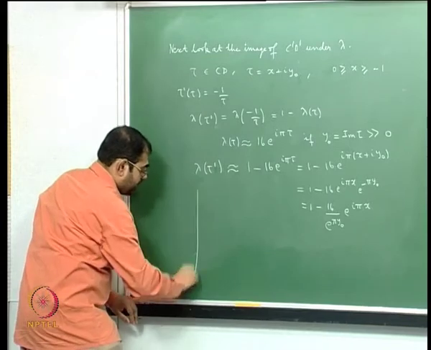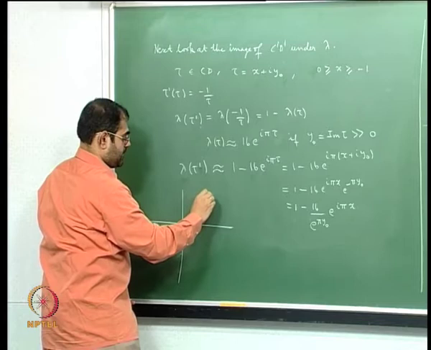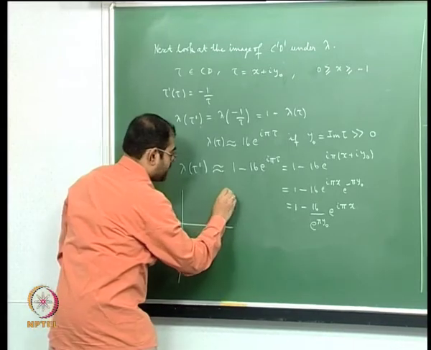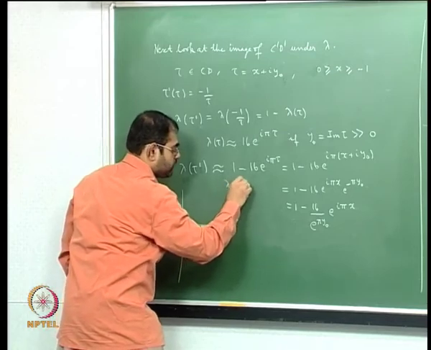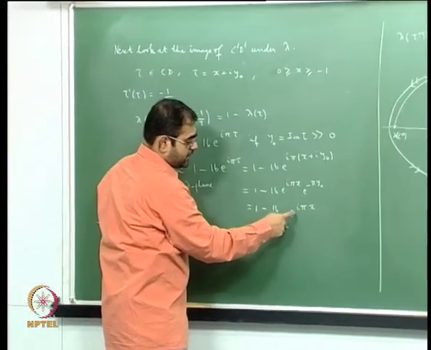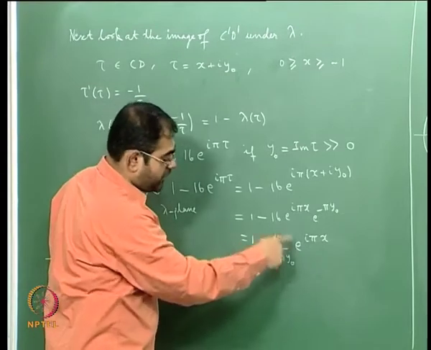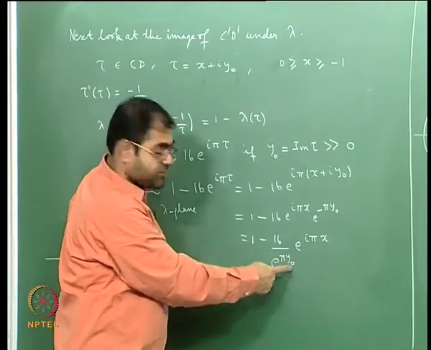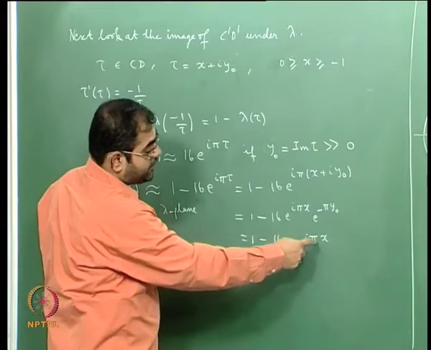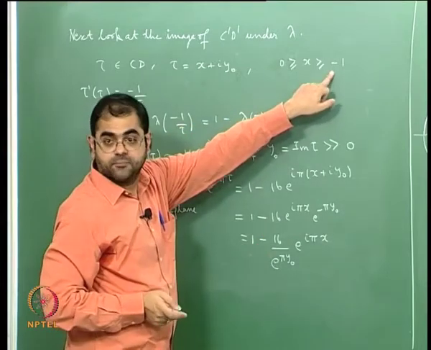If you take the lambda plane, then 16 by e power pi y naught e power i pi x is going to be a circle centered at the origin with a very small radius, because y naught is pretty large, so this is a very small radius, and the angle is changing from 0 to minus pi.